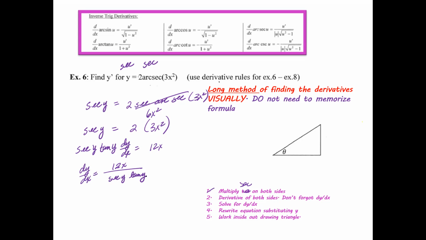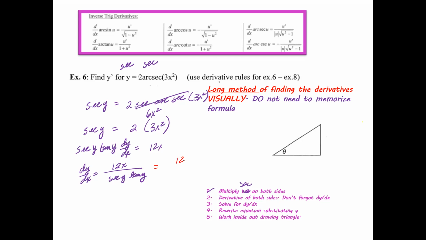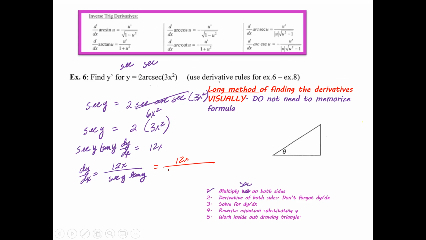Okay, as I'm looking at this right now, if I had to replace the y, this is going to look extremely, extremely ugly because my next step is to replace the y's.